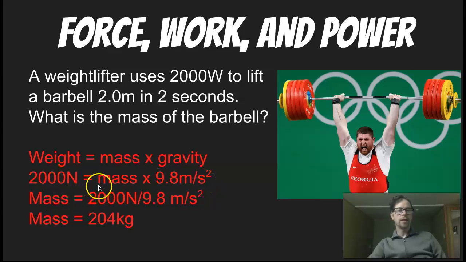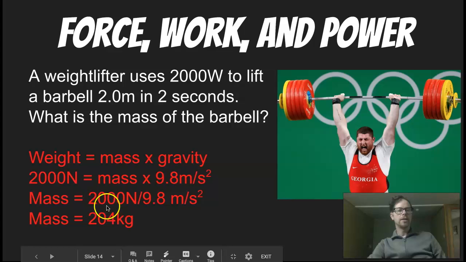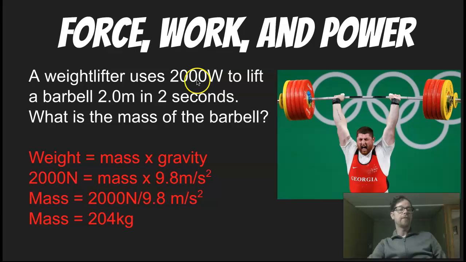To calculate the mass, we divide both sides by 9.8 meters per second squared. So the mass is 2,000 newtons divided by 9.8 meters per second squared, and that comes out to 204 kilograms. So 204 kilograms is the mass if he used 2,000 watts of power to lift a barbell 2 meters in 2 seconds. I hope that helped us learn how to do force, work, and power calculations.